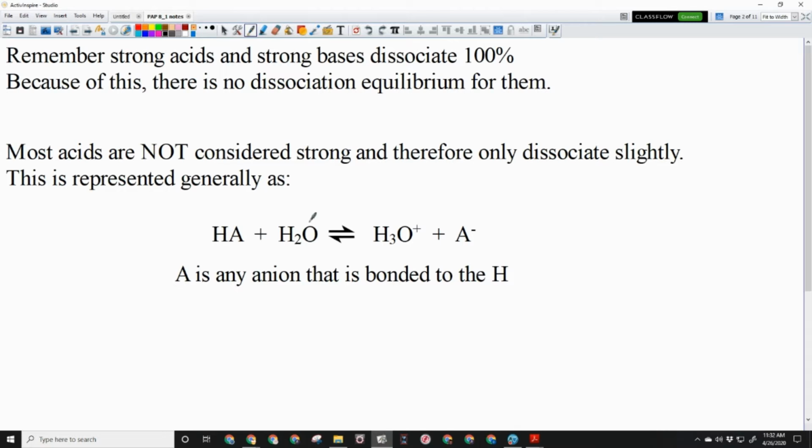So we have an acid in water. And what really happens is that this hydrogen here from the acid is going to bond onto this water, to produce H3O.